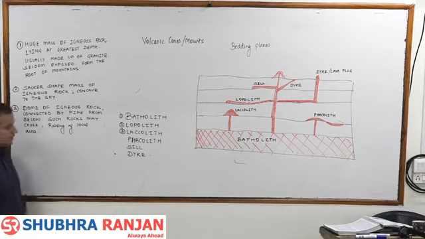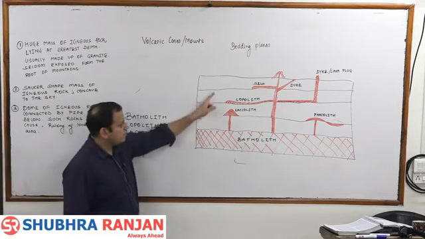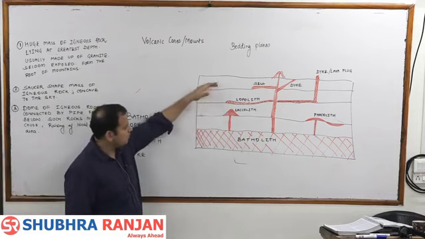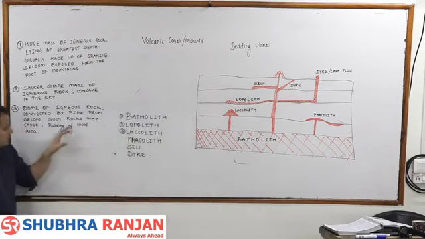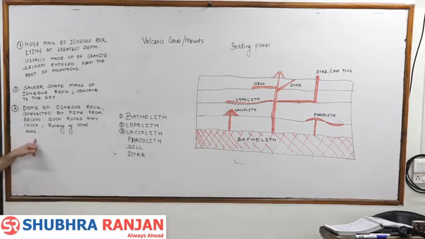Why raising of local area? The third case, imagine this laccolith now forms here. If it forms here, it will push this area upwards. So it may cause raising of local areas. Yes, upliftment, local upliftment.